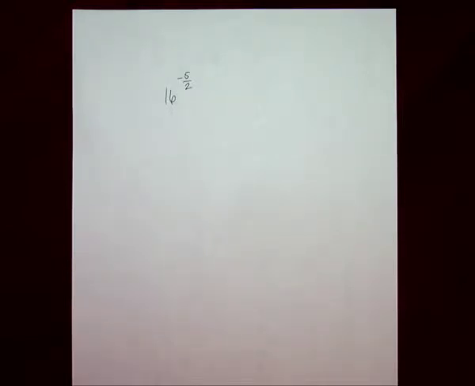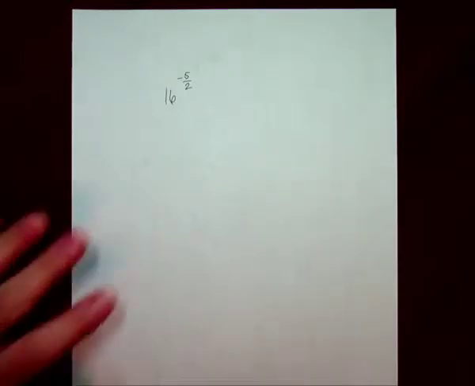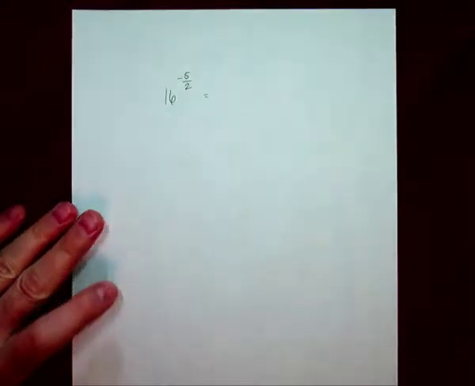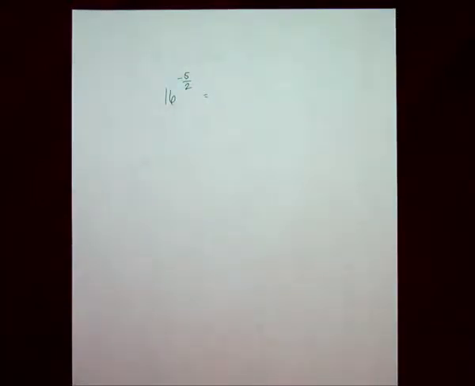The negativeness of it is saying flip me over, reciprocalize me, or however you want to describe that, okay? The 5 is saying raise me to the 5th power, and the 1/2, the 2 in the denominator, is basically saying square root me.